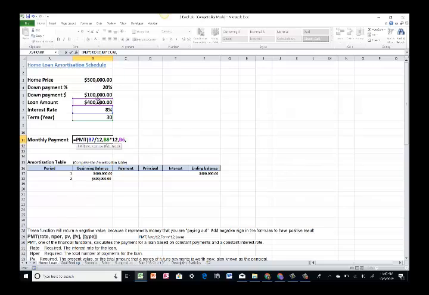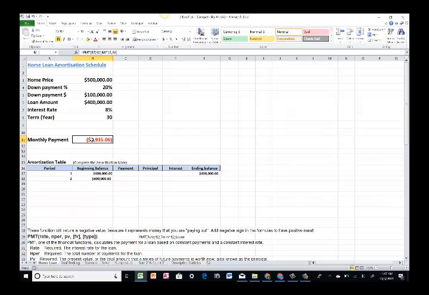So we can omit the last two arguments and just close the parentheses and get the result of our formula, which is our monthly payment. If you notice, by default, this formula gives you a negative value. It means that you are paying out this loan amount to the bank.